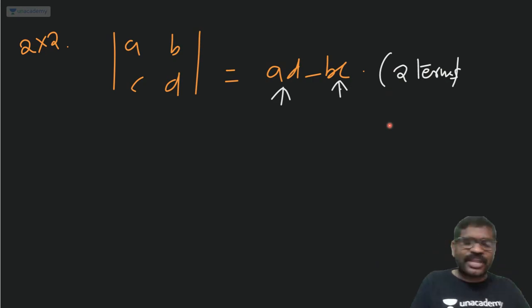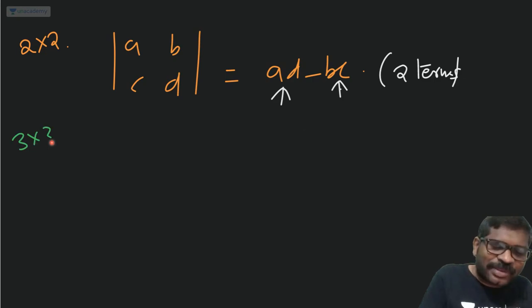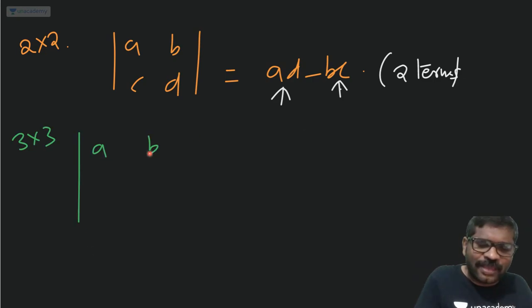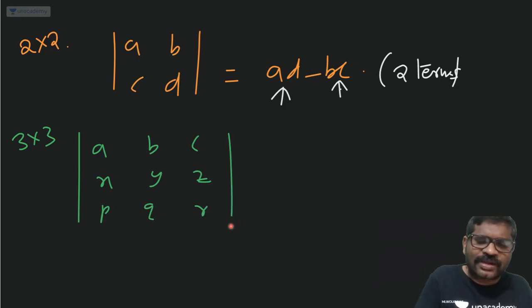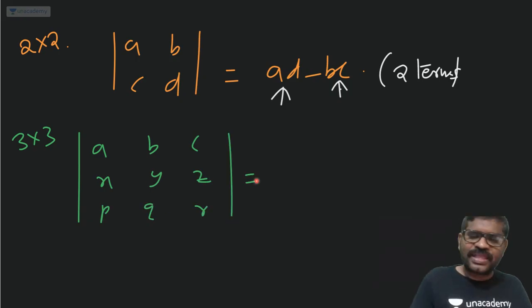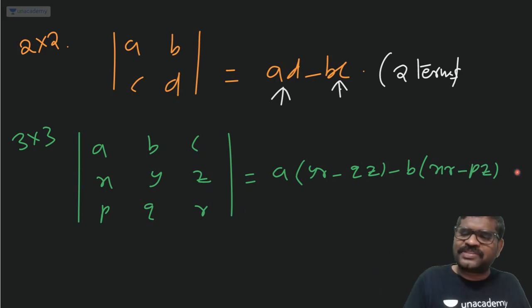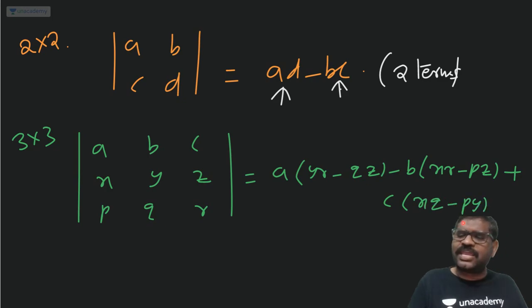Suppose you take a 3 cross 3 determinant: a, b, c, x, y, z, p, q, r. Now, a of (yr minus qz) minus b of (xr minus pz) plus c of (xq minus py).